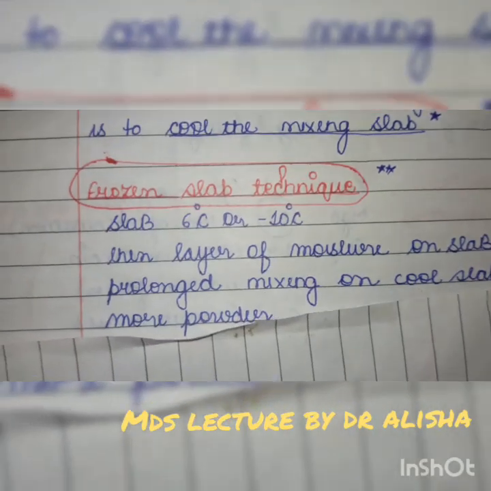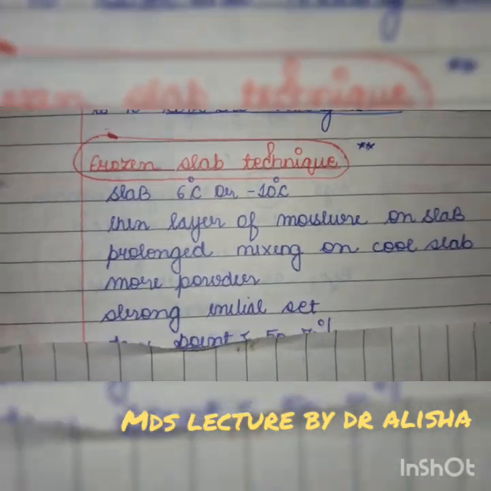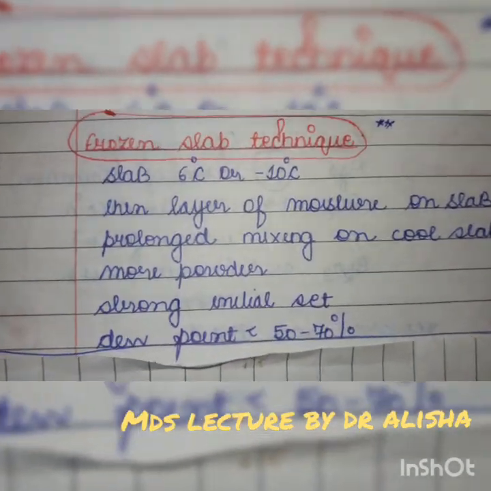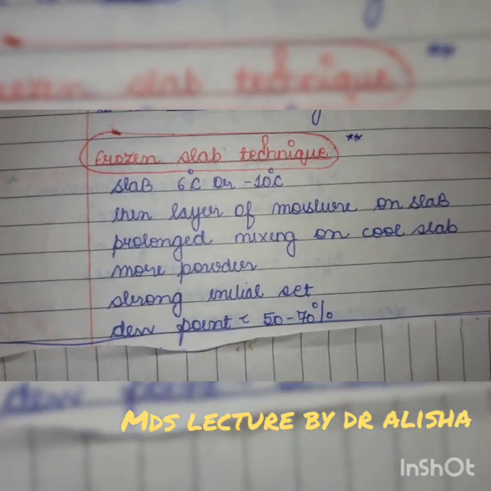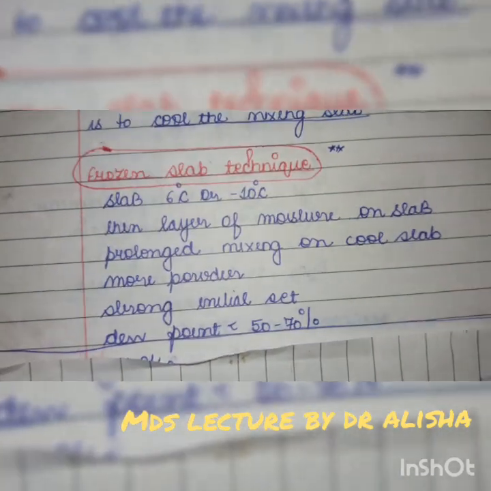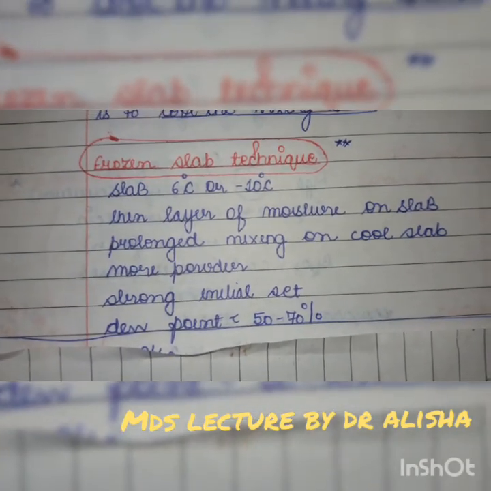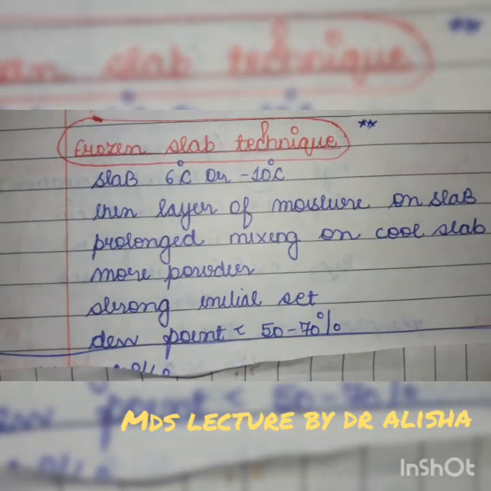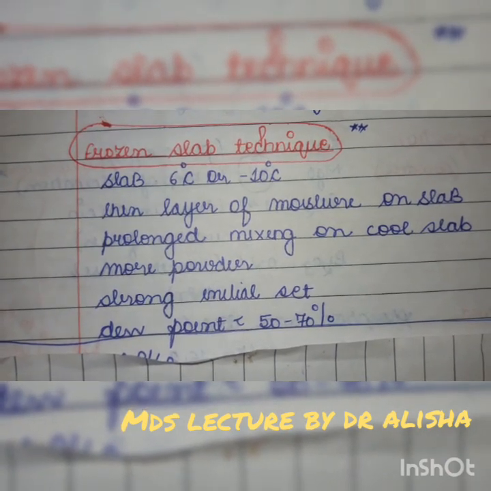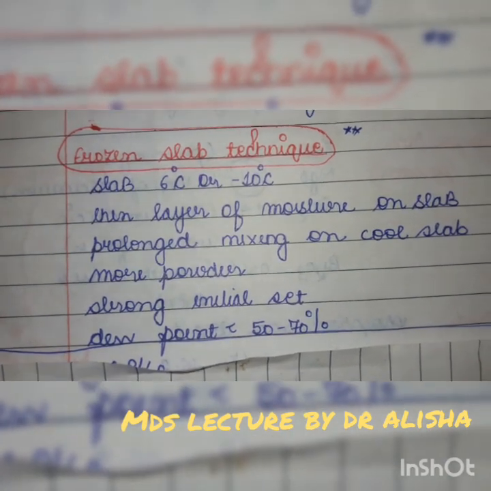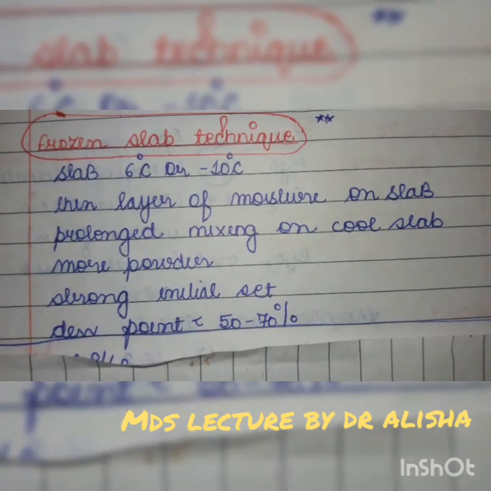Then there is a technique called the frozen slab technique that is used in the case of zinc phosphate cement. In the frozen slab technique, we use a glass slab at a temperature of 6 degrees centigrade to minus 10 degrees centigrade.